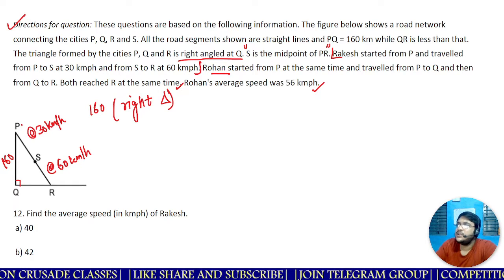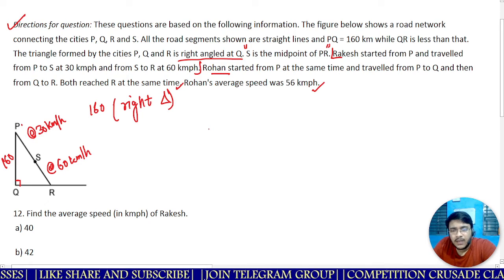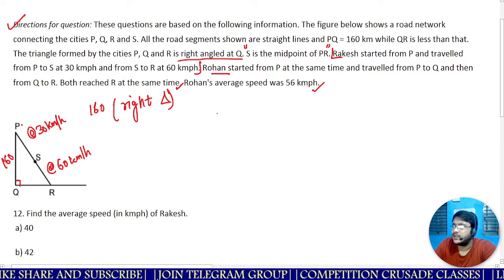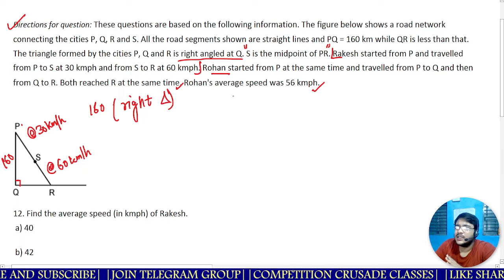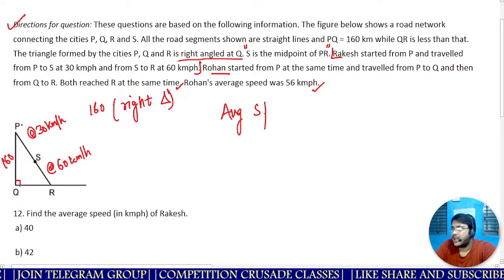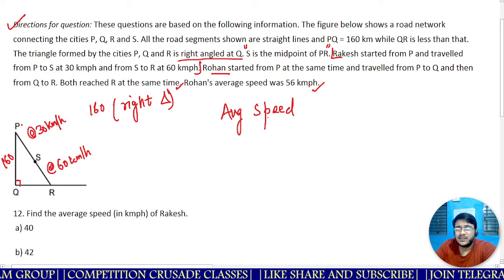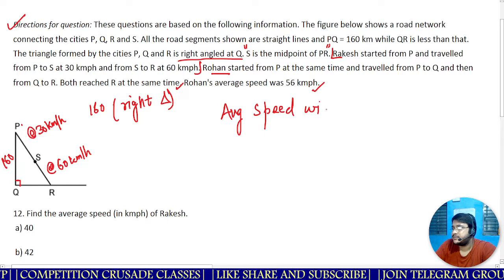Now if you are somebody who is a formula buff, who likes to mug up formulas a lot, then you know that this is the average speed with constant distance.